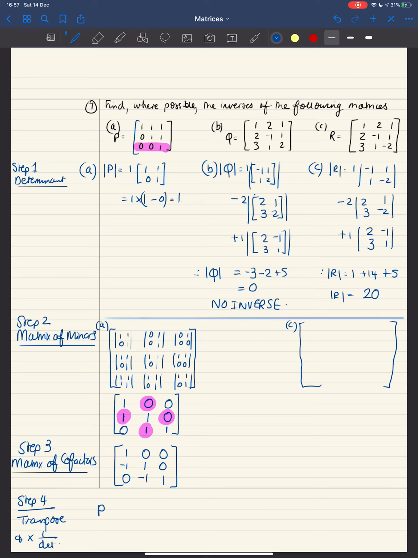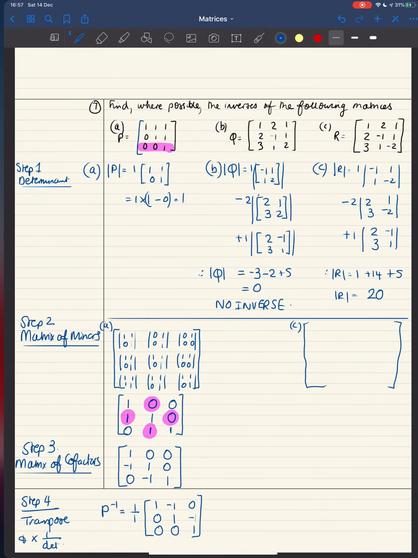So at this stage we can say P inverse equals 1 over 1, for 1 over the determinant, and we take the transpose, so that means the column here becomes this row, so that becomes the second row, and that becomes the third row. So it's going to be 1 minus 1 0, 0, 1 minus 1 0, 0, 1. Okay, and that's that one.